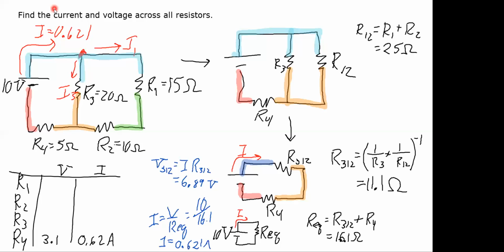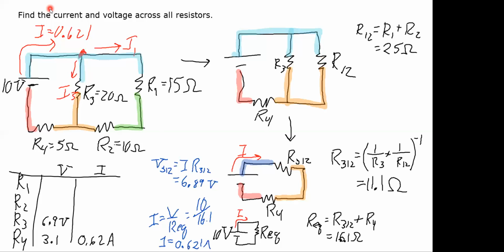Okay, so I have the voltage for R3, and I'm going to keep that to 2 sig figs, 6.9 volts. Essentially the voltage of that R312, because it is representing the voltage of two resistors in parallel, is going to be the same voltage for both of these.